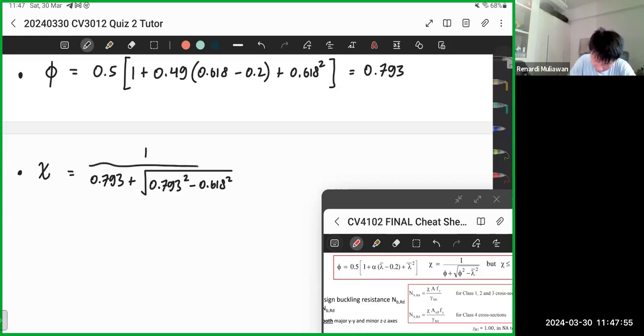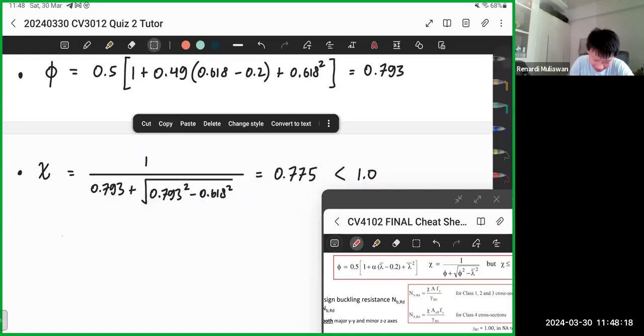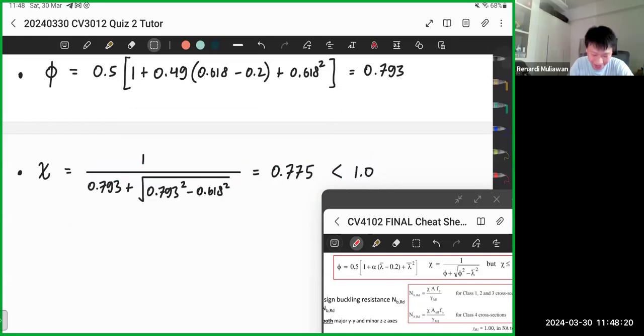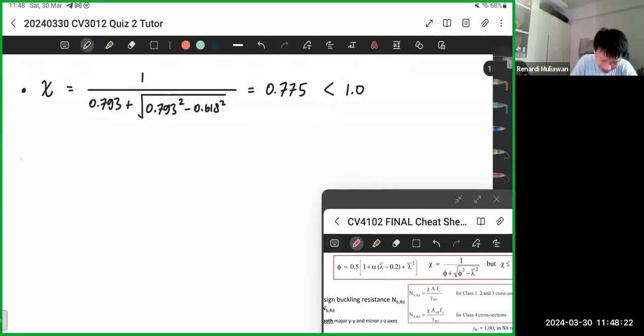This value should be less than 1. So let's check. It's a long calculation. You get 0.775. Looks all right, because this is less than 1. Chi is supposed to be a reduction factor, so it must be less than 1. If it's bigger than 1, it's not a reduction, it's amplification.